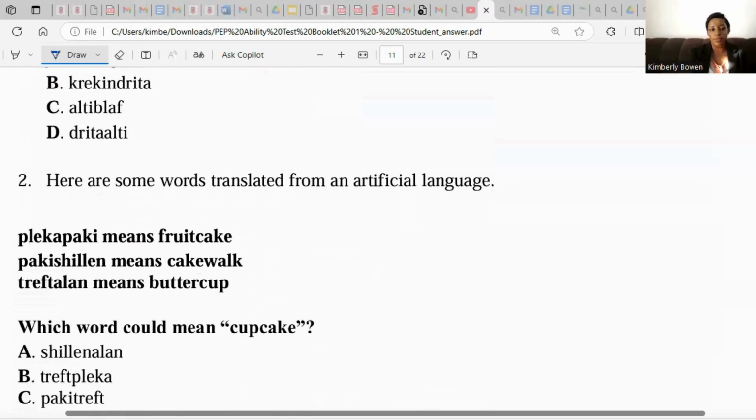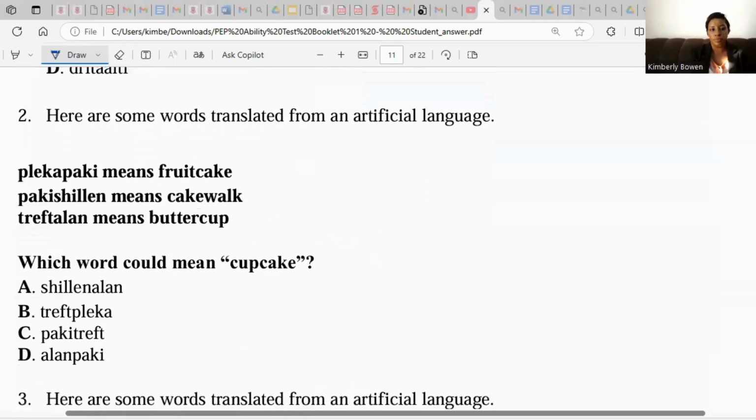Let's look at another example. Some words translated from an artificial language. Means fruitcake. Takishelen means cakewalk. Treftalan means buttercup, and we're looking for cupcake. So we have to look for cup and cake.